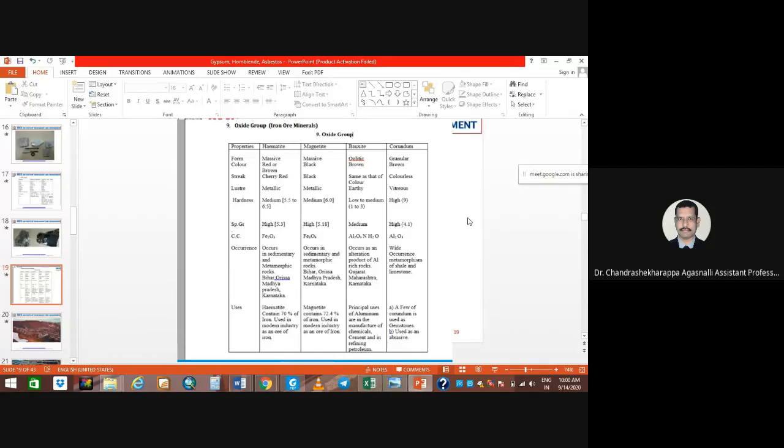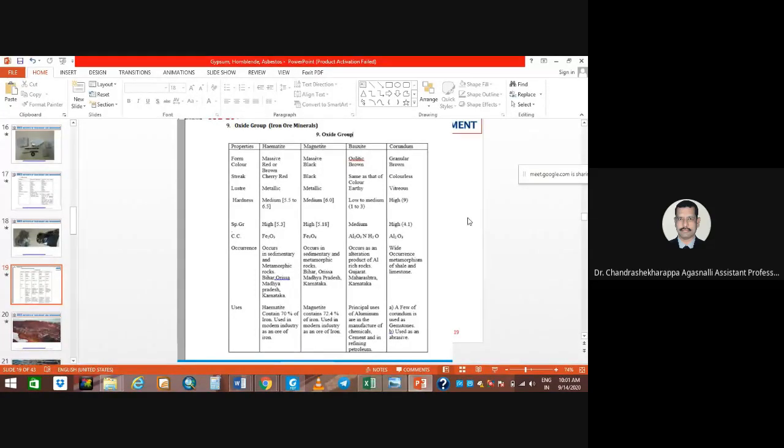Then the next step is, if the mineral is economically viable, you prepare the pre-feasibility and feasibility of the project, particularly, say for example, hematite.